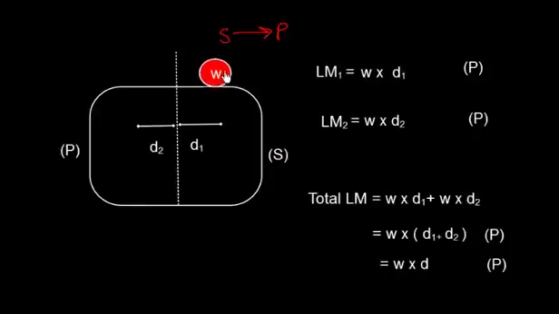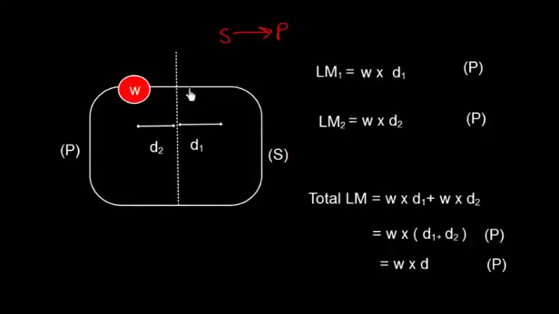Similarly, when I shift this weight, I discharge from here and I put this weight here, the list moment 2 will be W into D2, where D1 is the distance of shift from this, and D2 is this distance. So D1, this is the center line, so the total distance will be D1 plus D2.